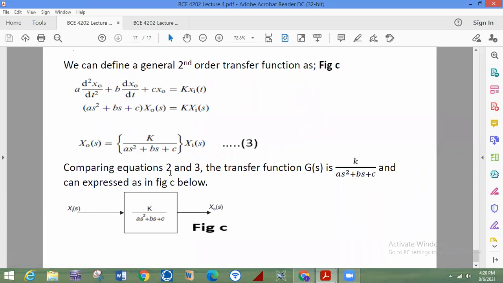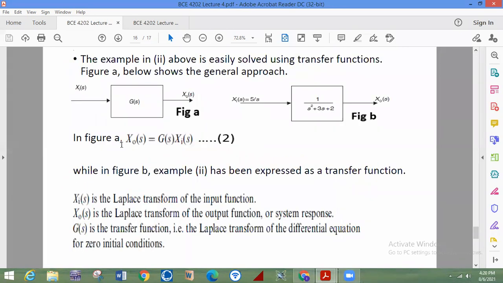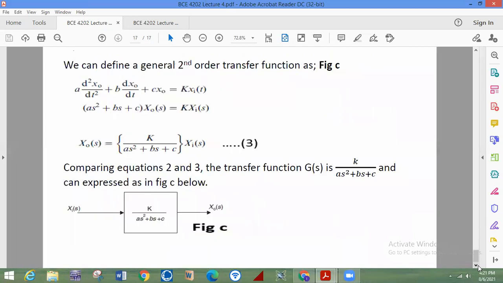Comparing equations 2 and 3, where is equation 2? This is our equation 2, which is a general equation of the approach of the transfer functions. So in this bit, we are saying comparing equations 2 and 3, the transfer function G of s becomes this.